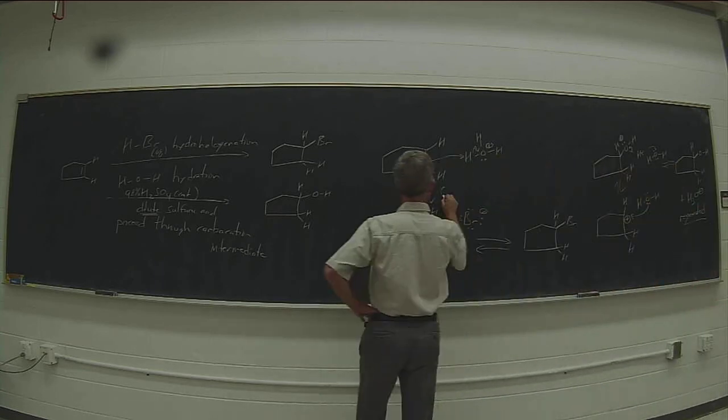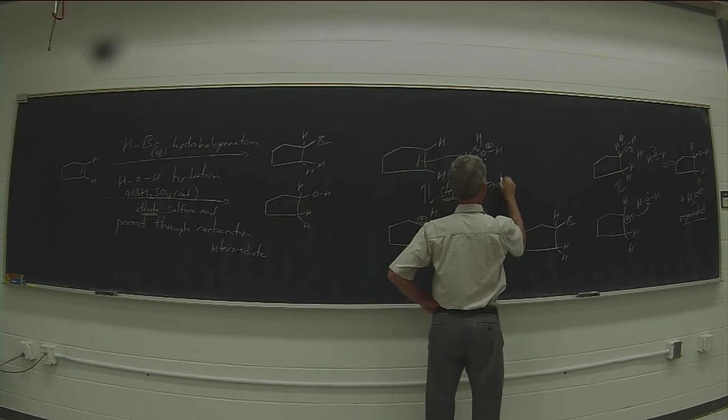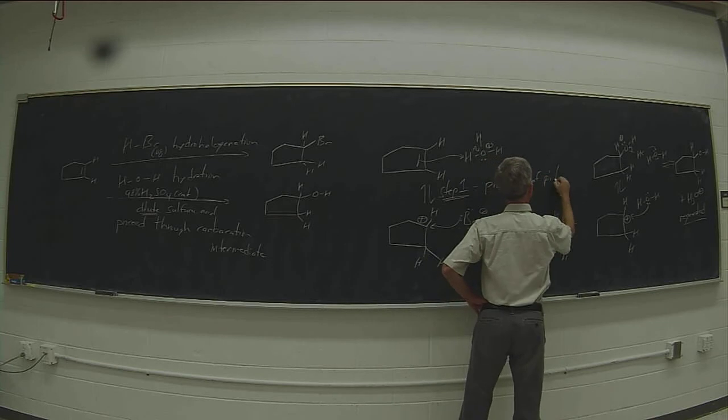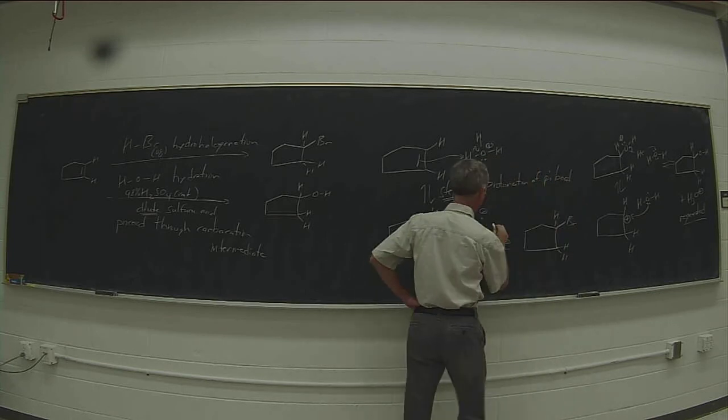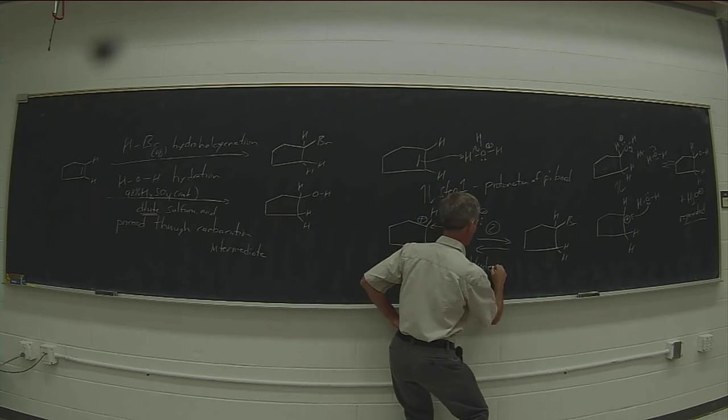So step one, in both of these reactions, is protonation of the pi bond. Step two, in both of these reactions, is nucleophilic attack on the carbocation.